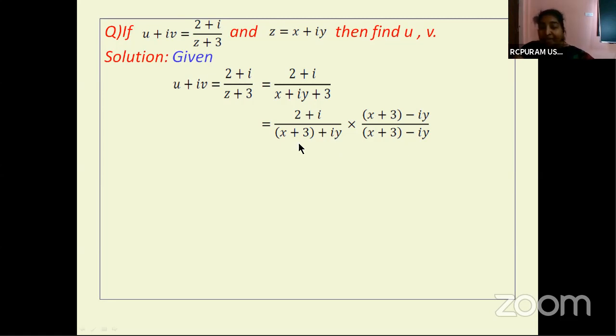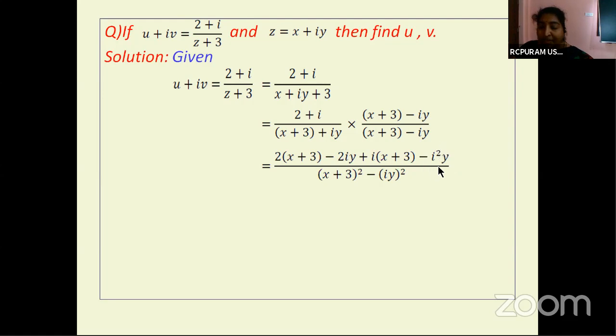Now, in the denominator, it looks like a plus b into a minus b. Then we will take it as x plus 3 whole square minus iy whole square. In the numerator, we will multiply the terms: 2 into x plus 3, minus 2 into iy is minus 2iy, plus i into x plus 3, plus i into minus iy, which is minus i square y.